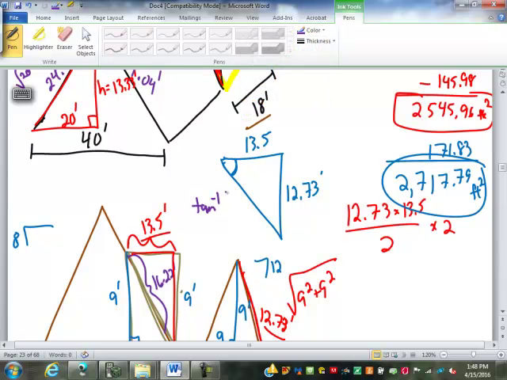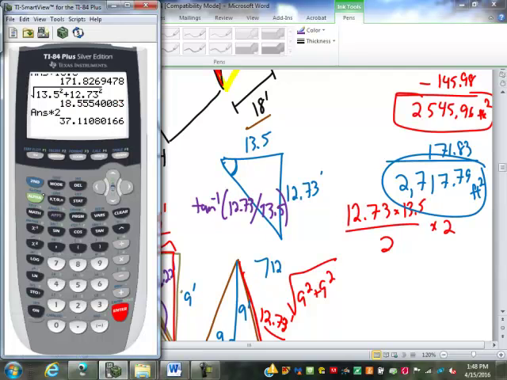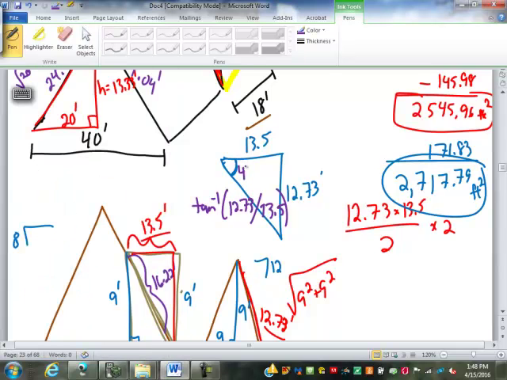That's the inverse tangent of 12.73 over 13.5. 43.32 degrees. What do you think? All this stuff coming together, making sense, giving you that warm, fuzzy feeling inside.